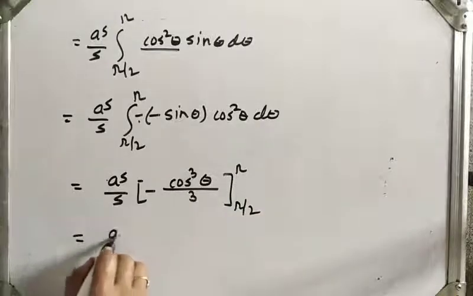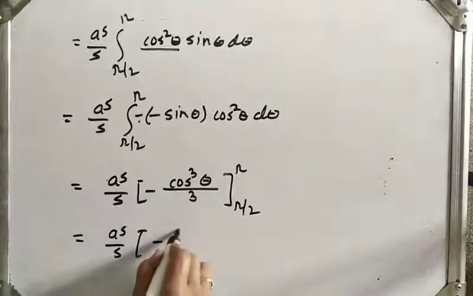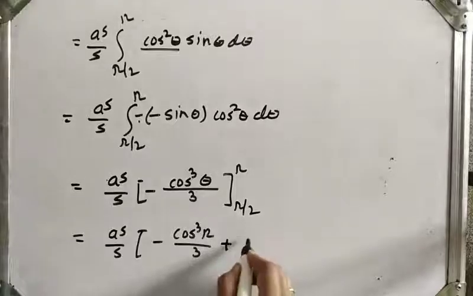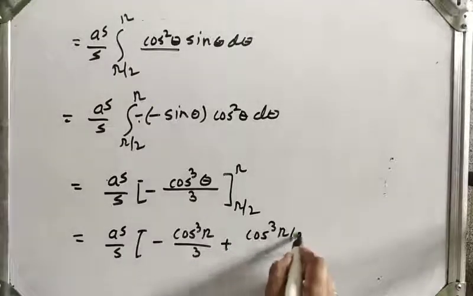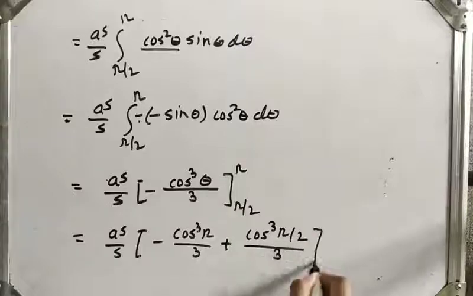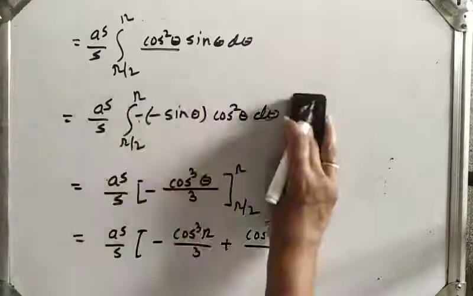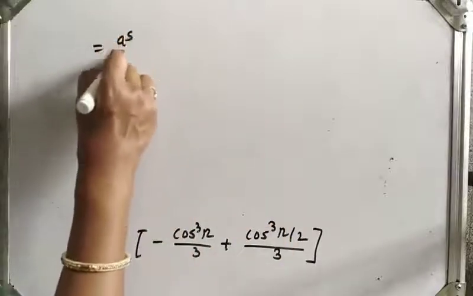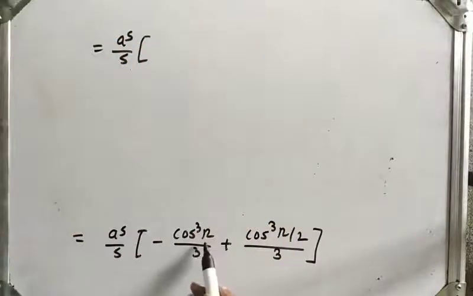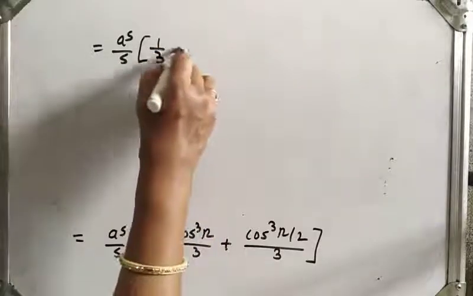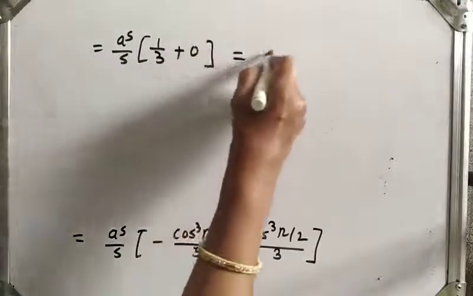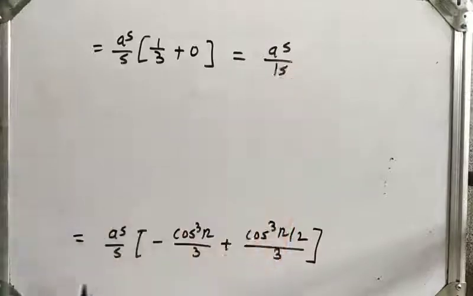So it is a raised to 5 by 5 times minus cos cube pi by 3, minus minus plus, then cos cube pi by 2 by 3. What is cos pi? Cos pi is minus 1. So here cos pi is minus 1 cubed, minus 1. So minus minus plus 1 by 3 plus, we know cos pi by 2 is 0. So our answer is a raised to 5 by 15.